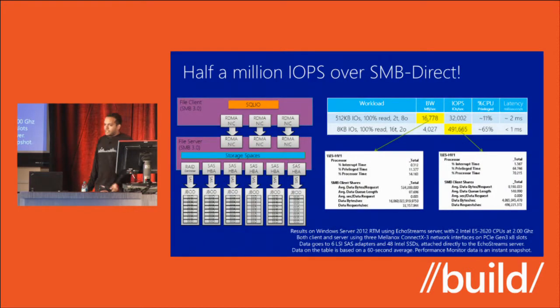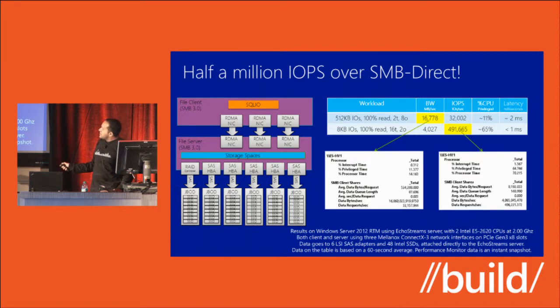Now, these are the last performance numbers which we got before Windows Server 2012 RTM. This is taken on RTM, and these are the numbers we were able to achieve with the kind of networks and disks that we talked about. This is an experiment to see how far we can go.